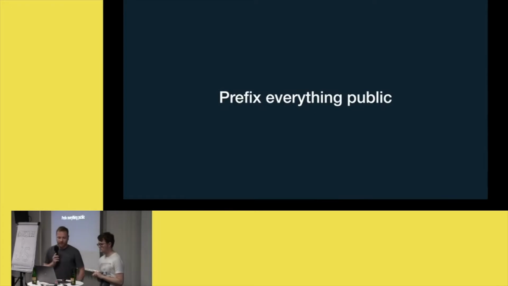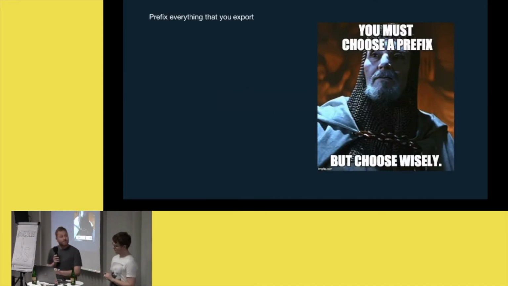And the first one we have there is prefix everything. You have to choose a prefix for your component. As we already know, namespaces are not there yet. But you have to choose it wisely, because it's a prefix you have to stick around.